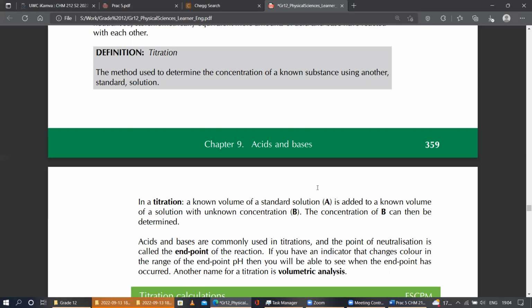So by using titration, you're going to have a solution where the concentration is not known, and a standard solution where the concentration is known. You use the standard solution to determine the concentration of the other solution that you don't know.